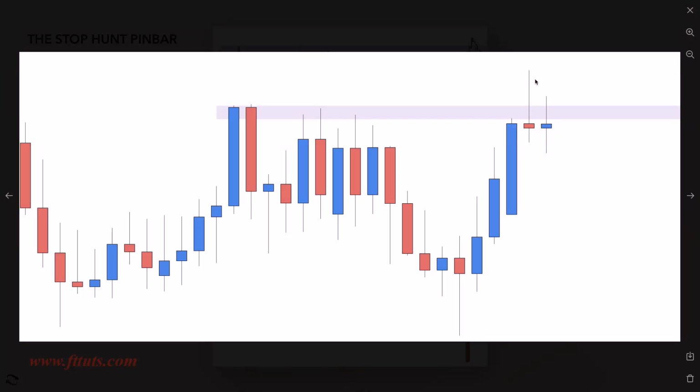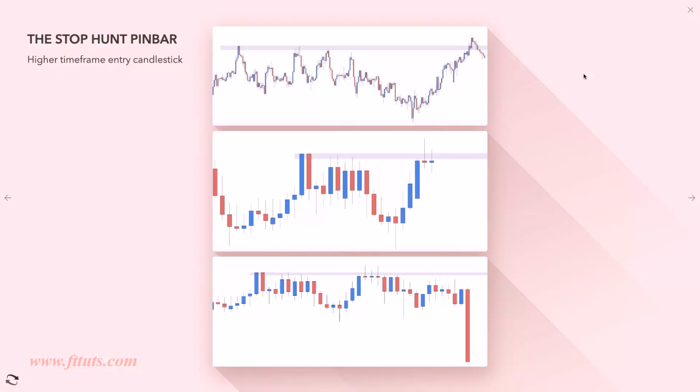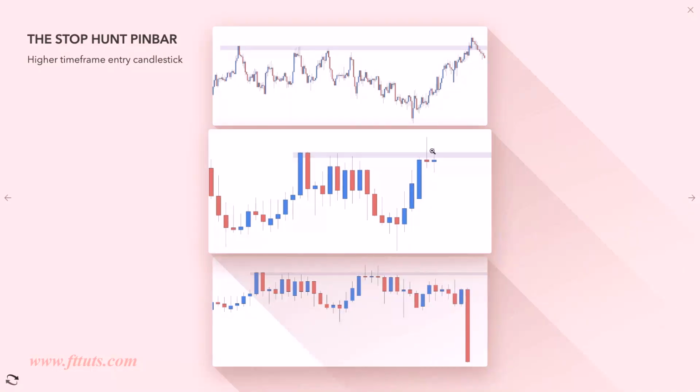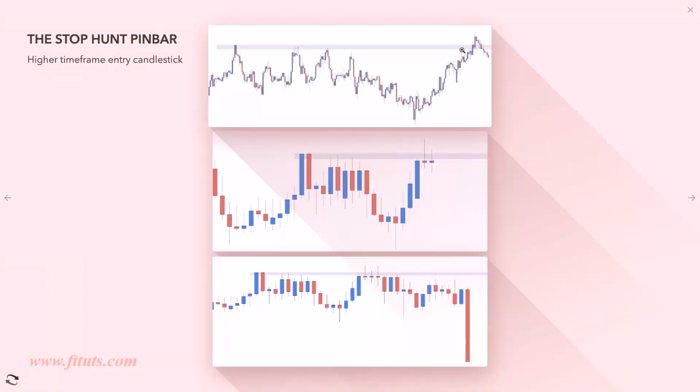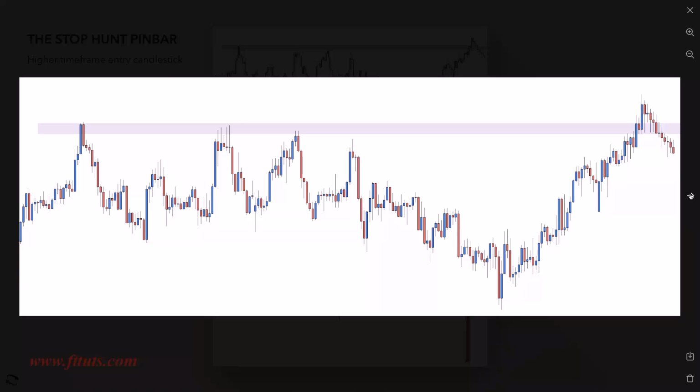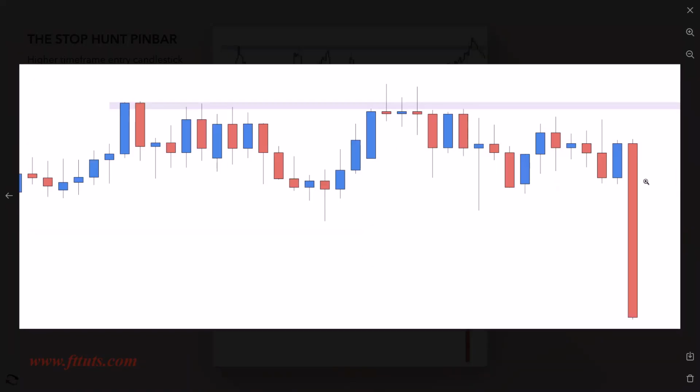the stop hunt pin bar and how we take advantage of the manipulation that we can get involved in on maybe a lower time frame, and then this being the candlestick here, and that was it. Stop just above the high, and then look what happened.